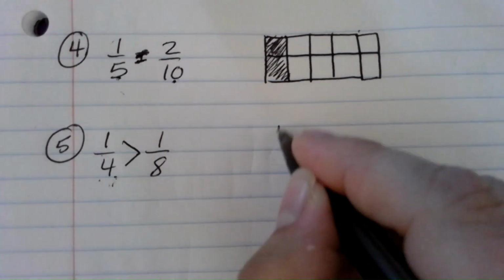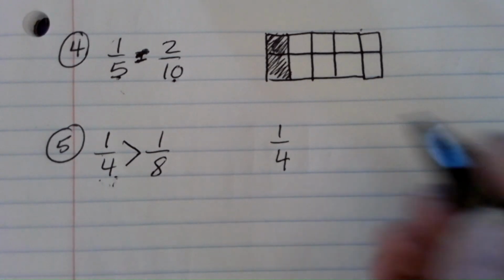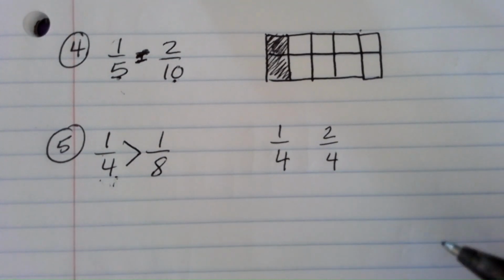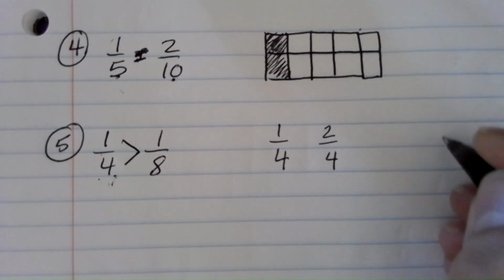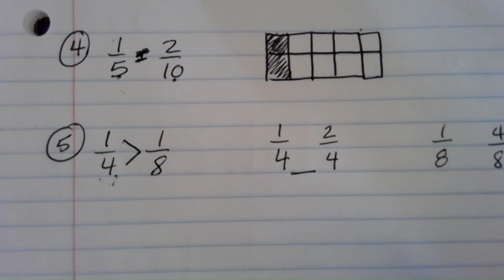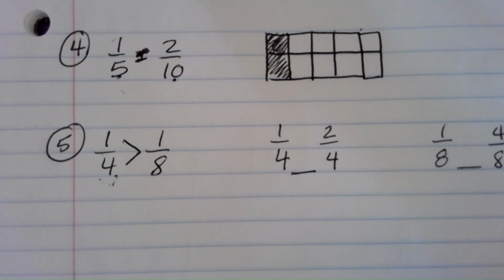Also, though, if you had looked at 1/4 versus what would have been a half, if out of 4 pieces, half would have been 2 out of 4. If I'm looking at 1/8, half would have been 4 out of 8. So one other thing that I could do here is say, okay, neither of these are as big as half.